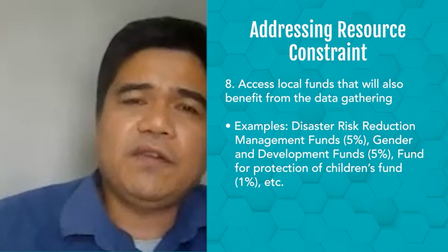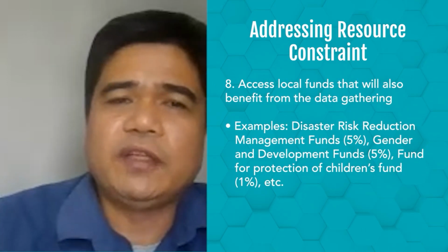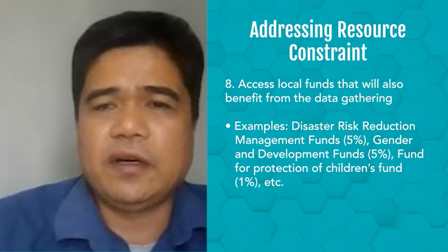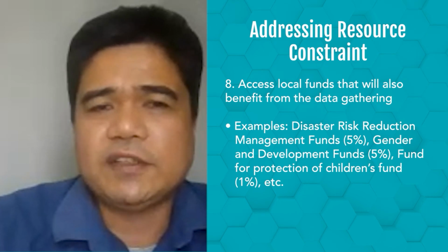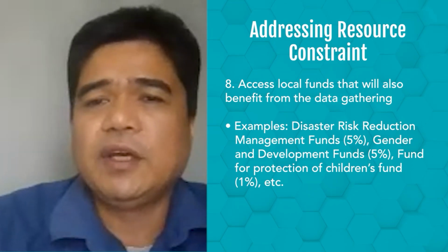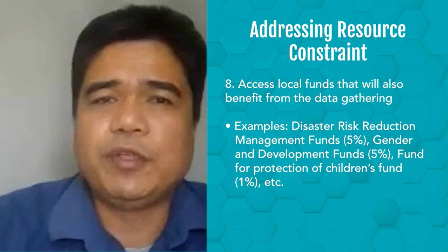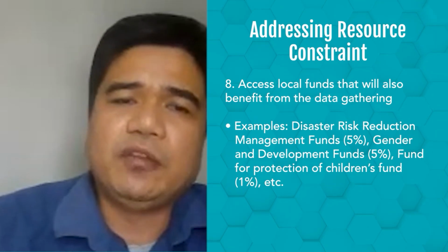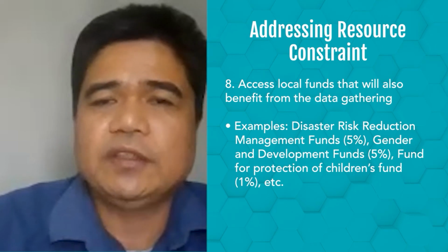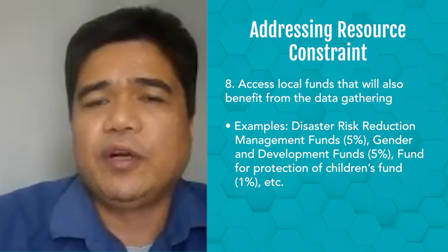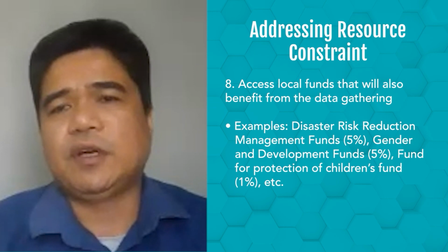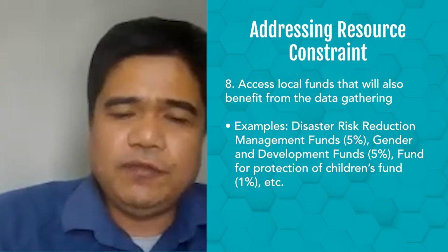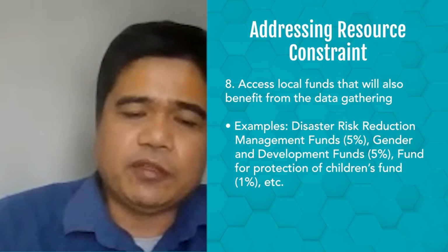Eight, access local funds that will also benefit from the data gathering. For example, DRR funds or the Disaster Risk Reduction Management Funds, which accounts for 5% of the local government unit budget. The Gender and Development or GAD funds, also 5%, and the fund for protection of children, which is 1%. Your funds are not only for disaster preparedness and response.